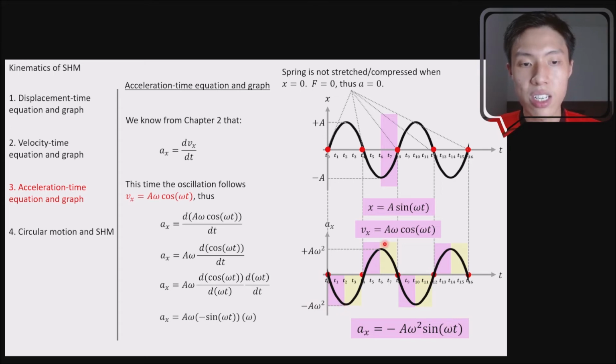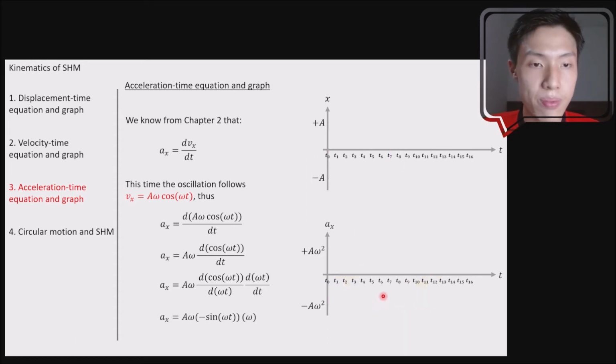Okay, so this is the positive direction, this is the negative direction, so this is the maximum you can achieve. Okay, so again, this equation is not fixed. If your oscillation follows a cosine curve, then it'll be a different equation for acceleration, and let's do that.